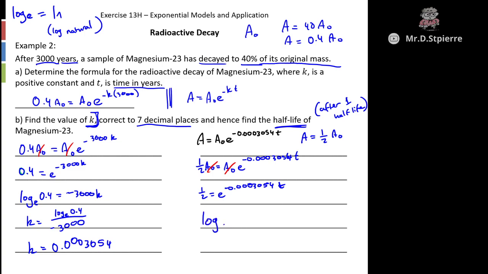So we get log to the base e of half is equal to negative 0.0003054 t. So t is equal to log e of a half on negative 0.0003054, and that is equal to log natural of 0.5 divided by negative 0.0003054.